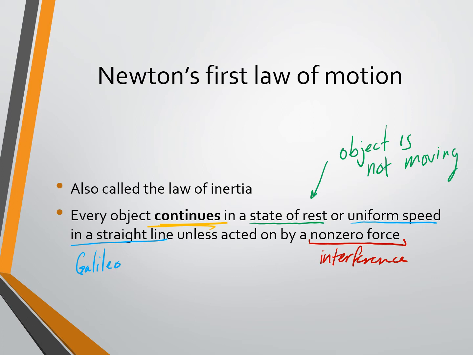So it doesn't mean no forces at all. It means something a little bit more complicated than that. So let's continue looking at Newton's first law of motion. There's the object at rest stays at rest part.